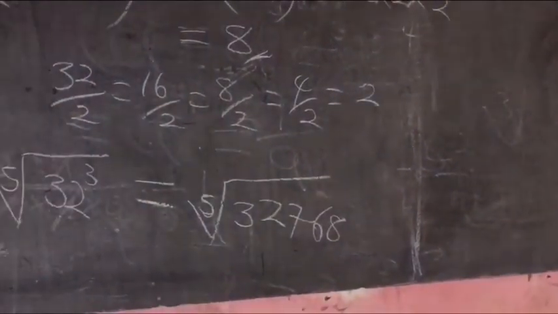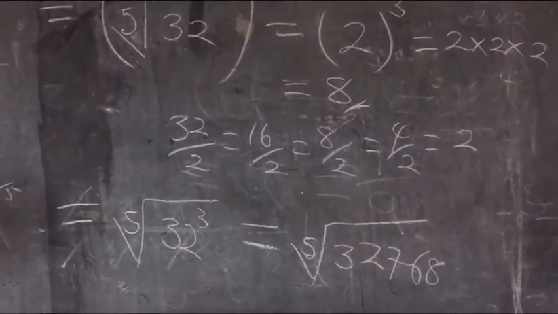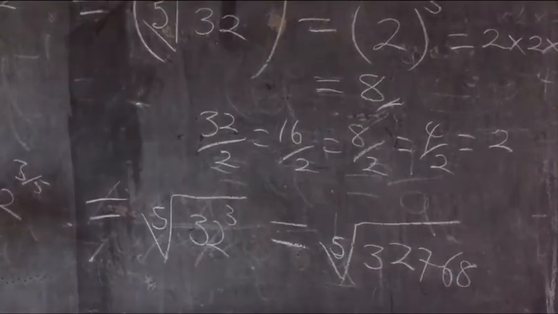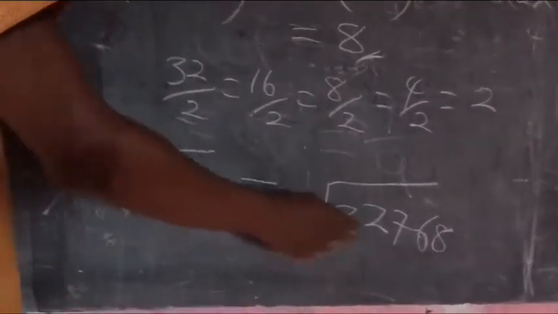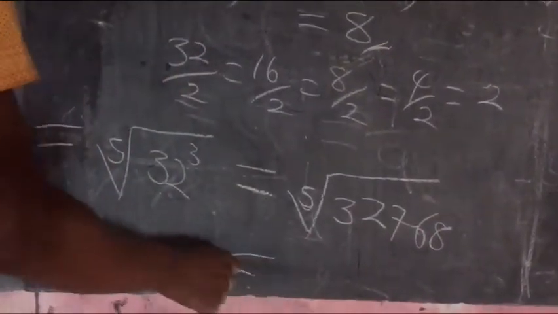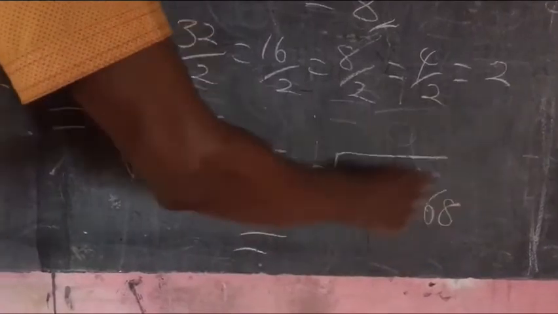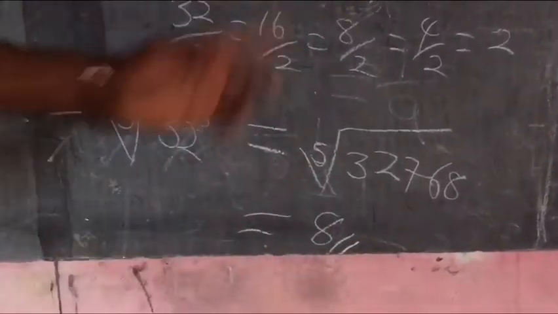I hope you know the short calculator. 32 raised to power 3 will give us 32768. If we take the 5th root of 32768, we'll get 8. That's another way.